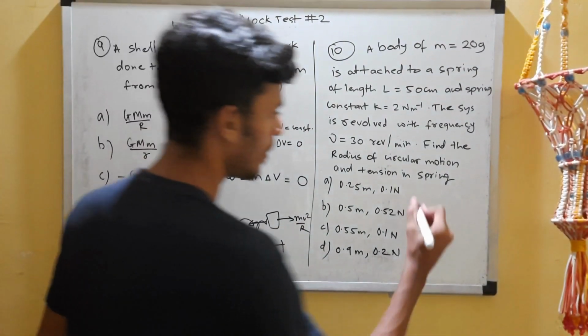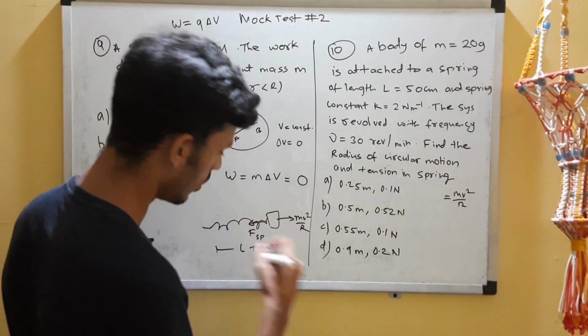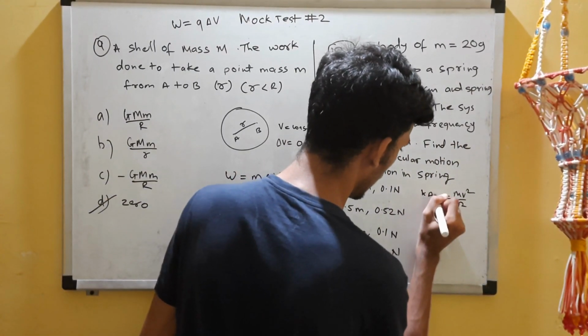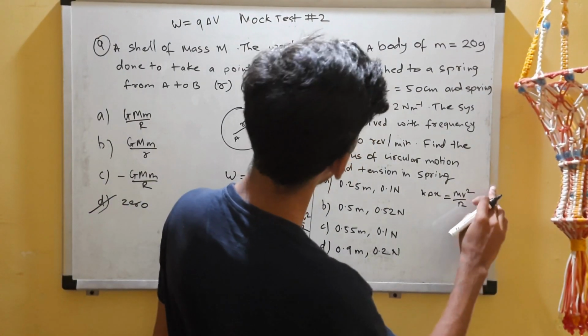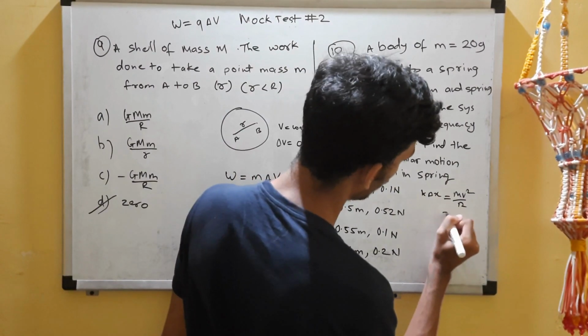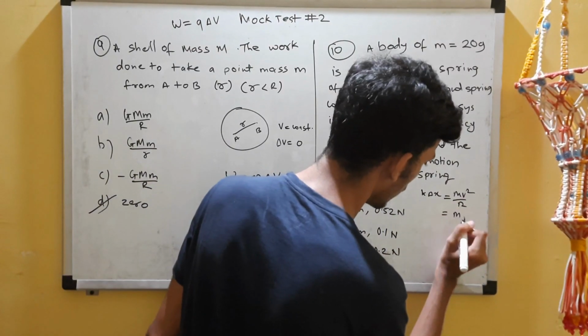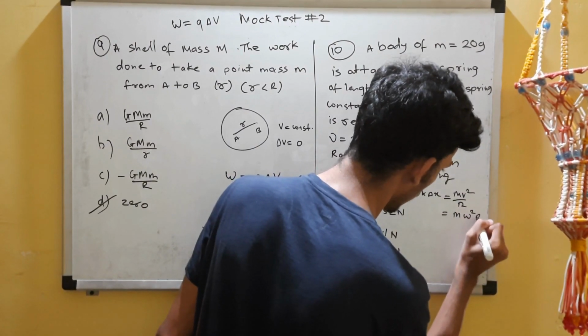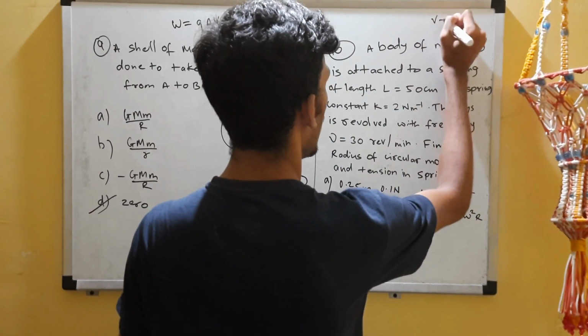So mv square by r will be equal to your spring force, which is k times delta x. From here you can easily find delta x, right? So mv square by r, I'll write it in the form of omega: m omega square r, since v equals r omega. That is the relation that I'm using, v equals r omega.